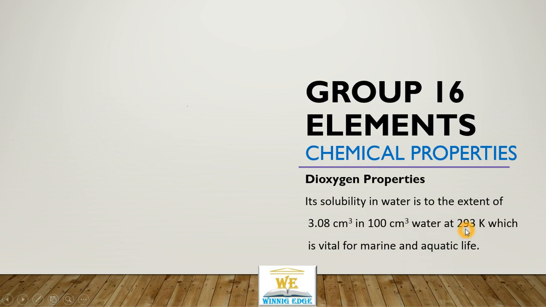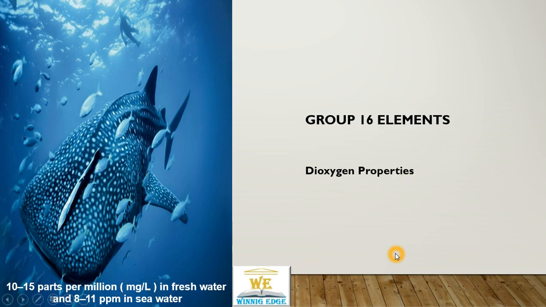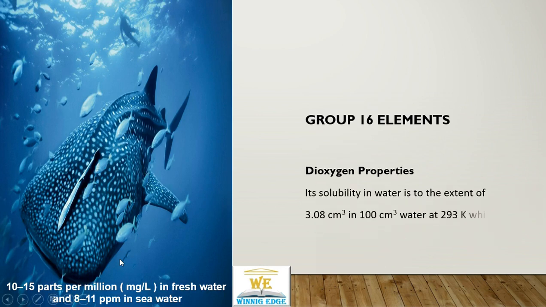This solubility of oxygen in water is very important for marine and aquatic life. We see 10 to 15 parts per million in fresh water and 8 to 11 ppm in seawater, which supports aquatic life.